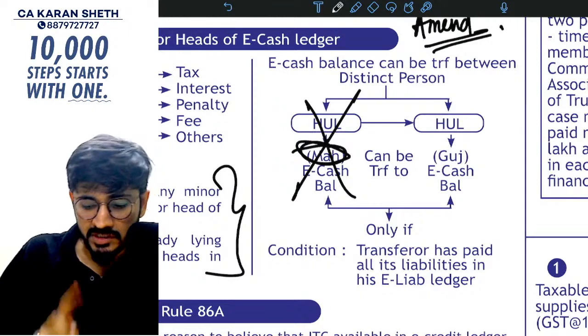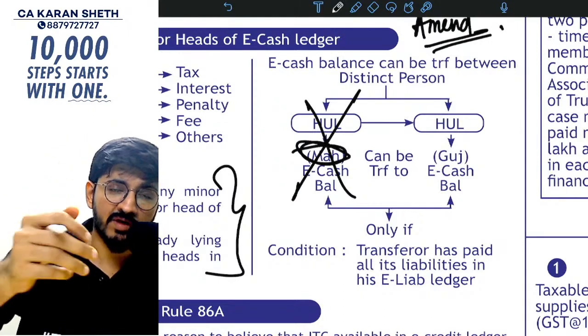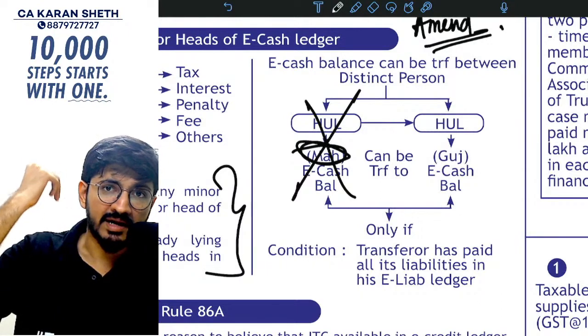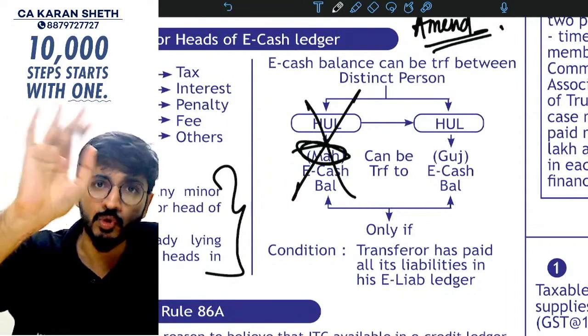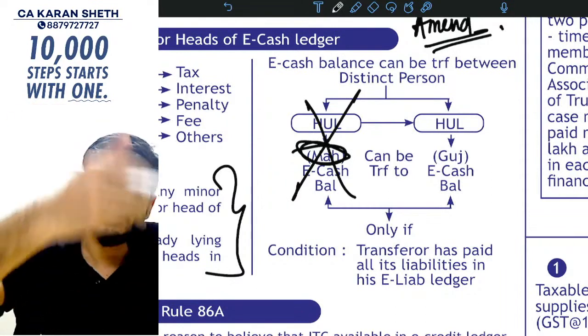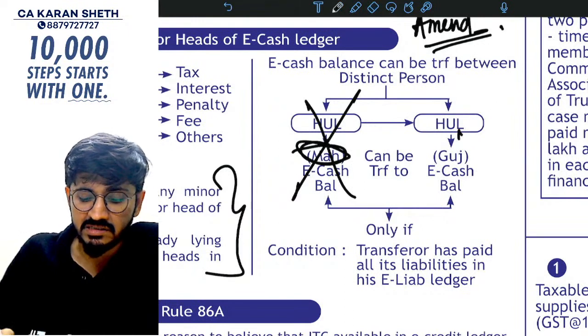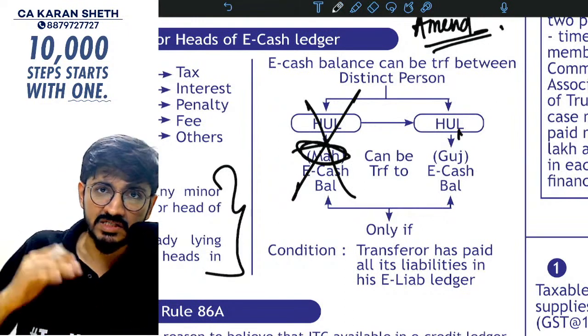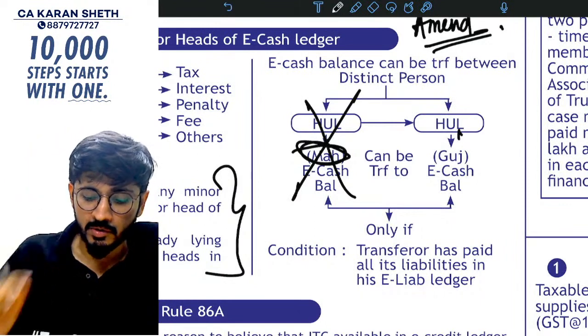Instead of asking for a refund and directly crediting the bank account, I think, my Maharashtra branch is closed, but my Gujarat branch still exists. So why can't I just transfer the balance there itself? So the government said, okay, you can do that.